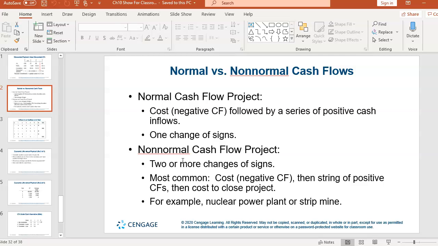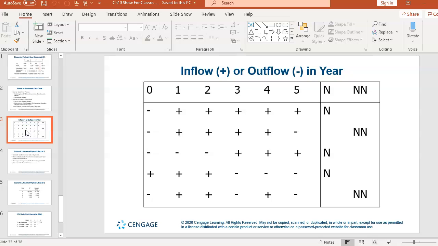Maybe we have to reclaim something, like decommission a power plant, put a strip mine back together again after, put the land back together again after doing the mining, things like that. So there's several patterns. There's no right or wrong to it, but normal just basically says there's one change in signs. This is the most frequent one that we're going to see in our homework is this first one.